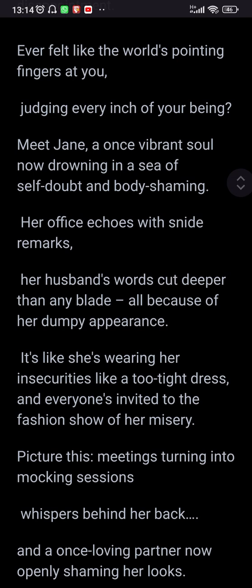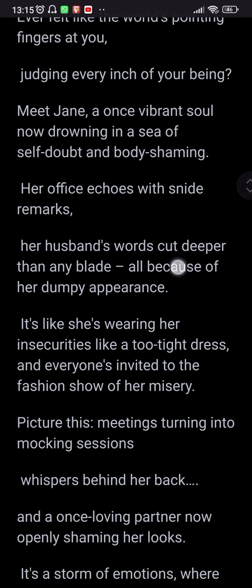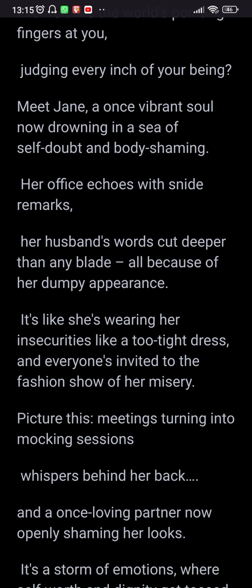So let's say we start from where you said, meet Jane, a once vibrant soul now drowning in a sea of self-doubt and body shaming. Her office echoes with snide remarks. Her husband's words cut deeper than any blade, all because of her dumpy appearance. There's so much to improve in those sentences.